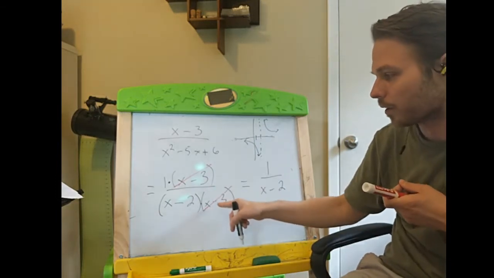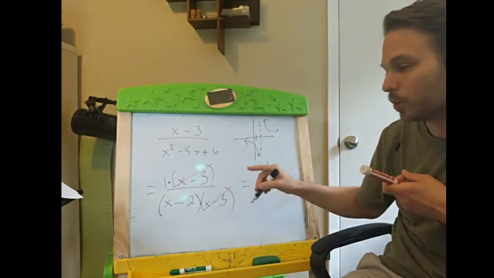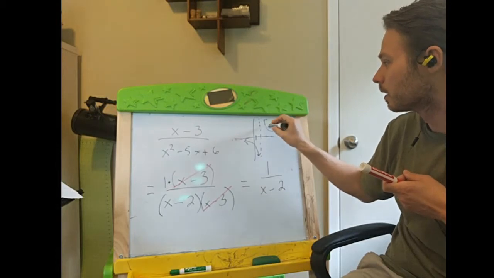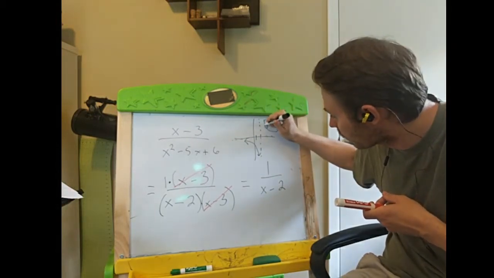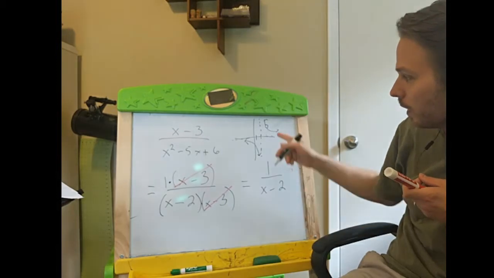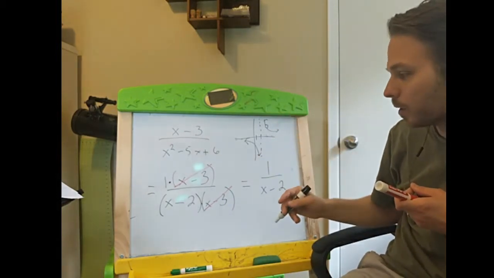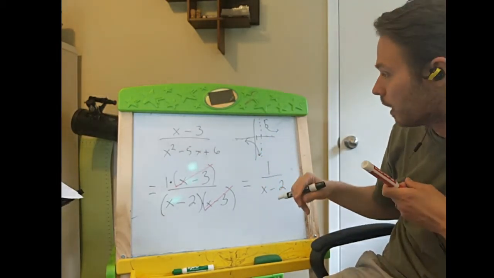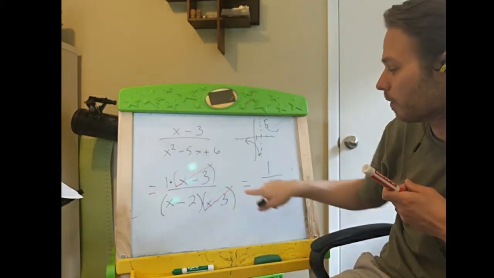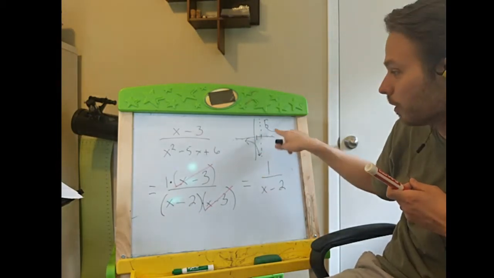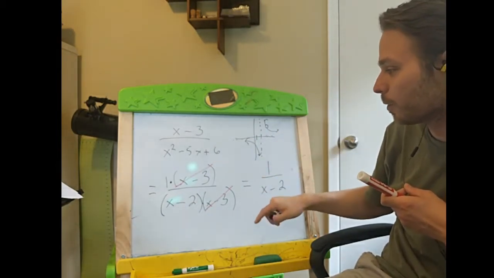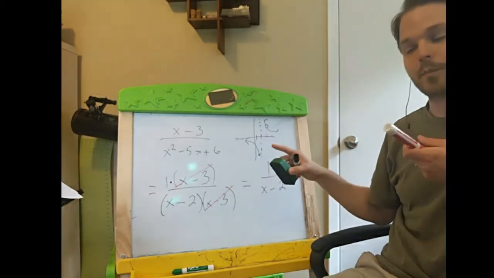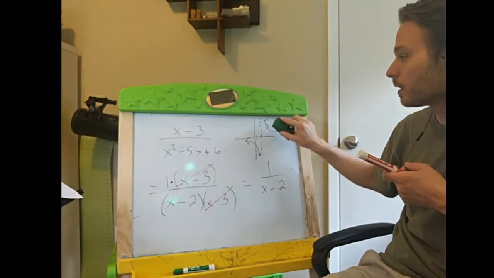But actually, the fact that the 3 makes the denominator and the numerator equal to 0 tells us that there's going to be a hole in this graph. So there's another number that's excluded from the domain that is not a vertical asymptote. If you take the next algebra class up, college algebra, we'll talk a little more about that. But if you're curious about the difference between these functions, that's actually the difference. In terms of our simplification, this is good enough for us just to get it down to this.